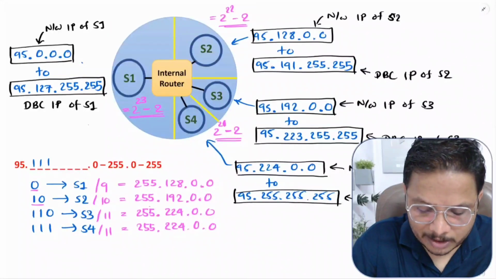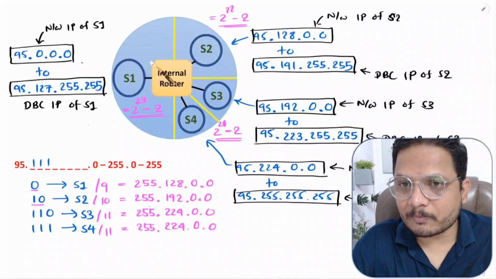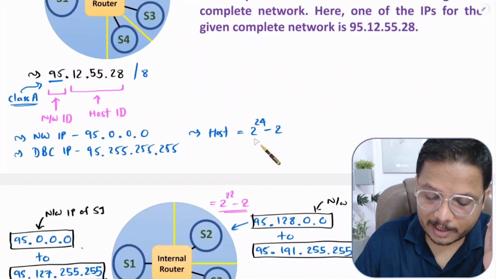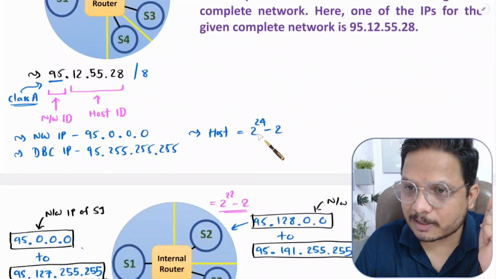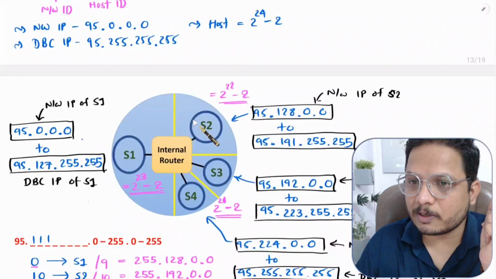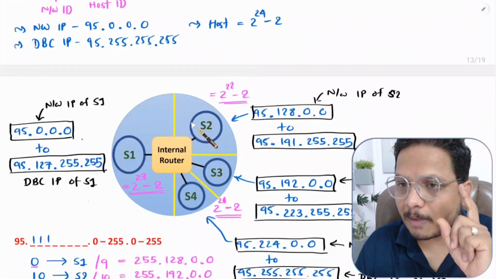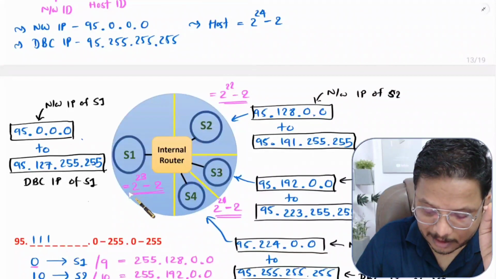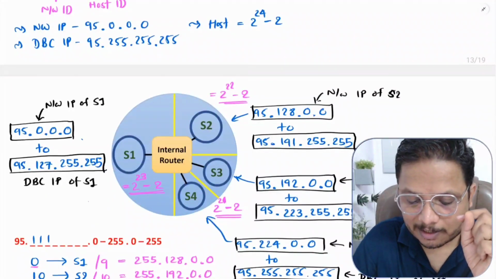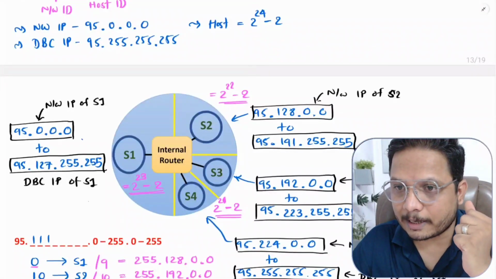And if you ask how many total hosts there will be, for here it was 2 to the power 24 minus 2. So obviously here we have 4 subnetworks, so it will be 2 to the power 24 minus 8. If you add this and this 2 times, you will get 2 to the power 24 minus 8. You just do it on your own, right?